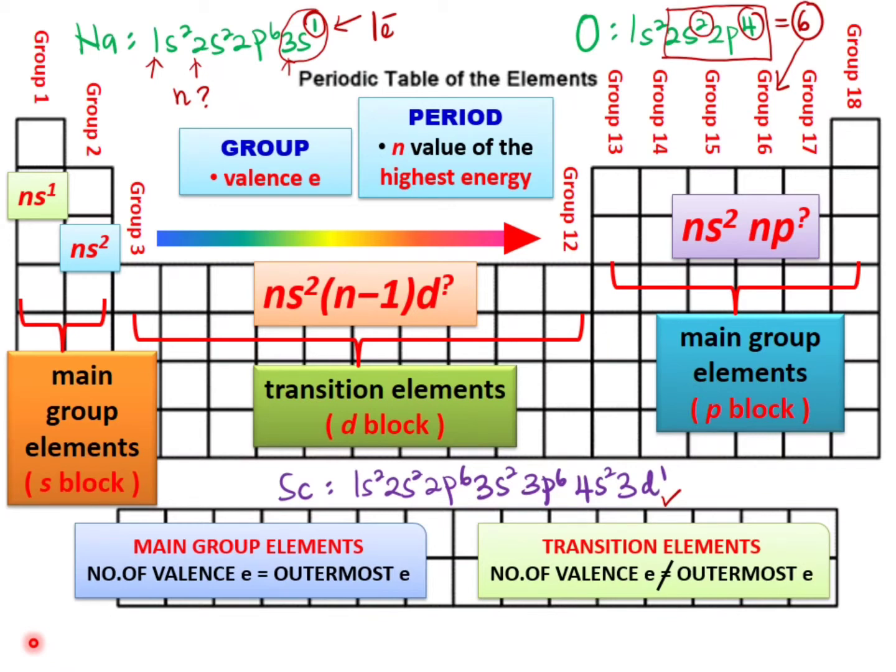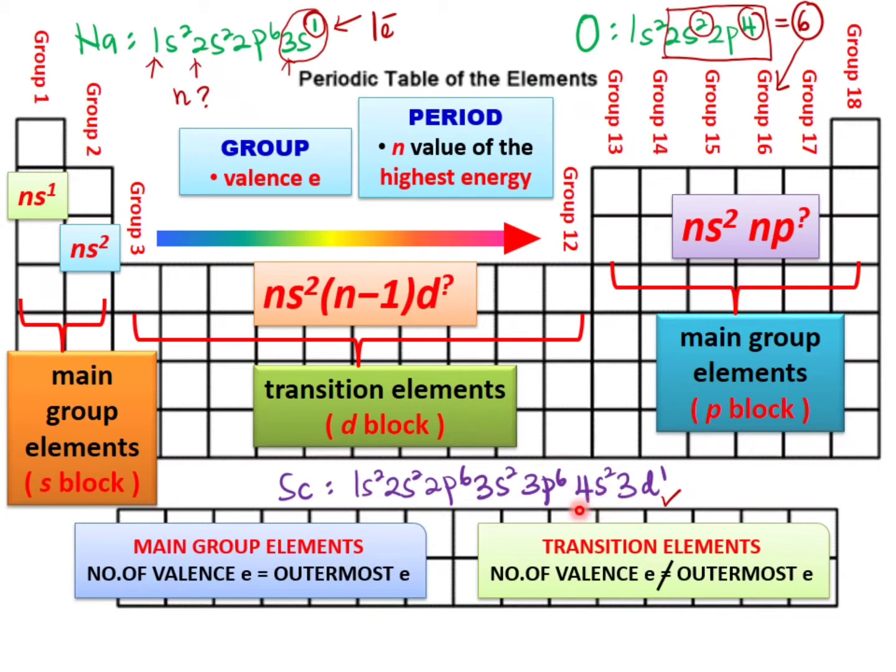Okay, to know the period, Madam said look at the biggest n. If oxygen earlier, the biggest n is 2. It means oxygen should be in period 2. But sodium, the biggest number here we have 3. So sodium should be in period 3. While scandium, look, the biggest here is number 4.